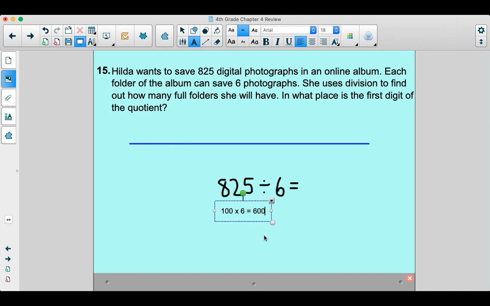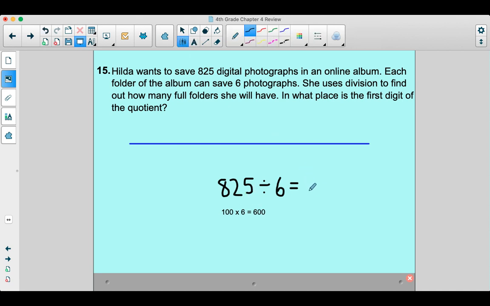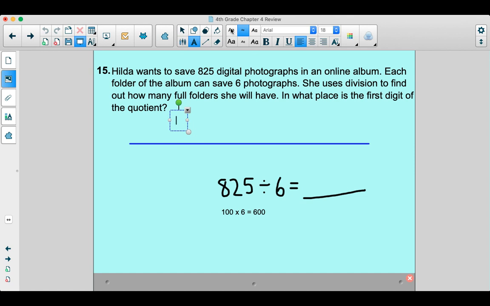So I know my answer is going to be all the way into the hundreds because this 600 hasn't even gotten us to 825 yet. So I know my answer is going to be more than 100, but less than 1,000, right? So the first digit of the quotient would be in the hundreds place.